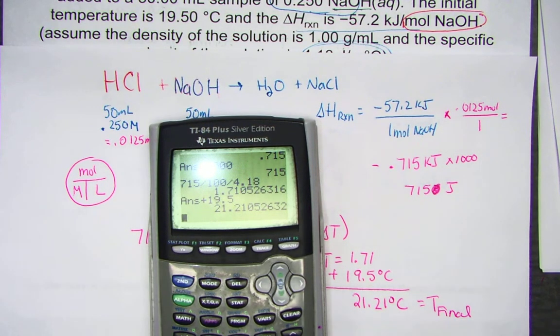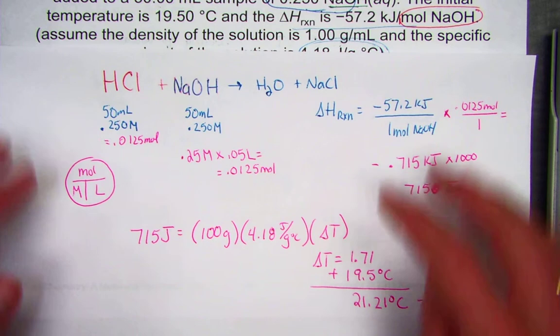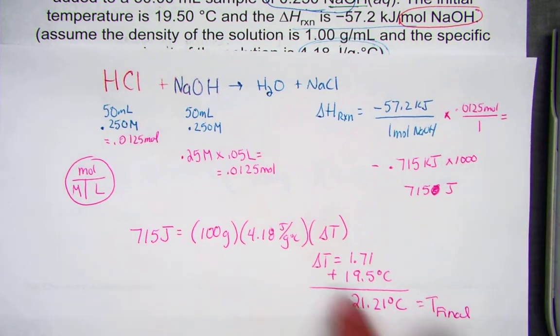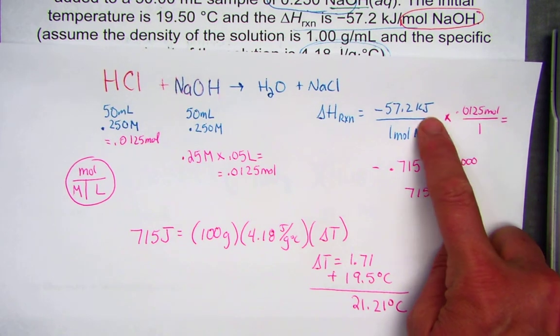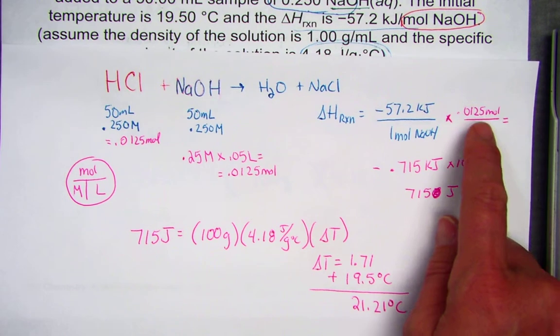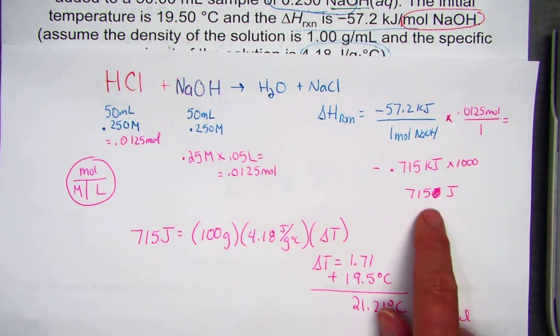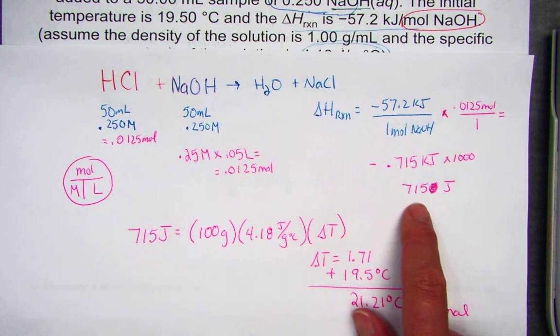When I saw in my last practice where I had water ending up at 150 degrees, I knew I took a wrong turn. That number just did not make sense. So back to the drawing board we went, and we corrected the problem. Using molarity times liter to find the correct number of moles, we adjusted the kilojoules for the amount of reactant we used. That kilojoule was changed to a joule, and again, 0.715 kJ changed into 715 joules.